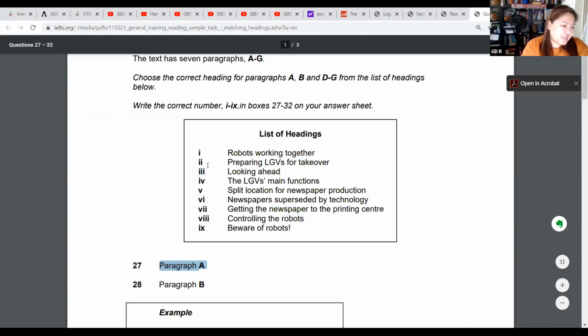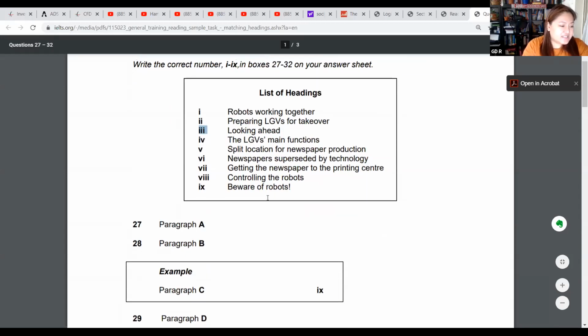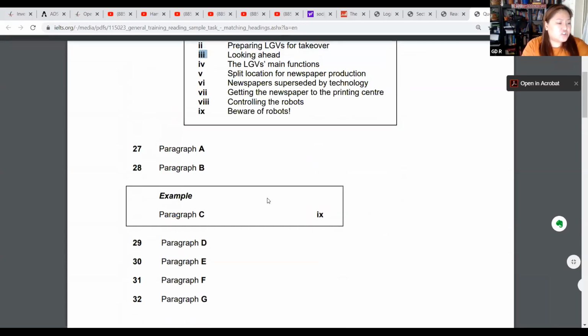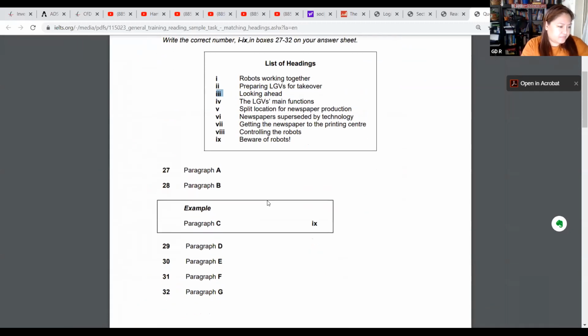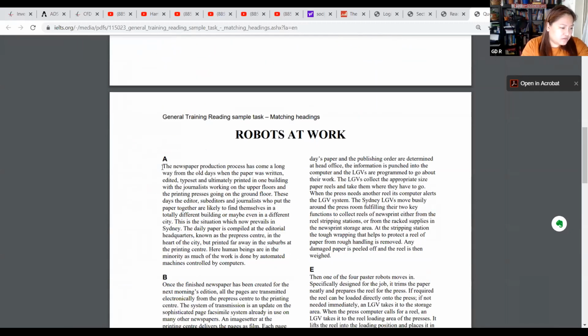Is it I, number 1, number 2, number 3? Like that. The trick here is, you have to read the first sentence and the last sentence, so you can have a general idea of what the paragraph is about.